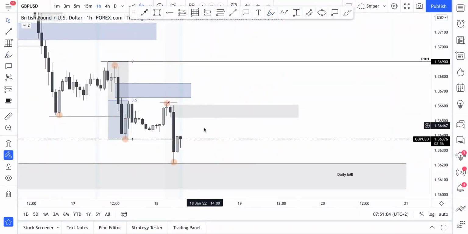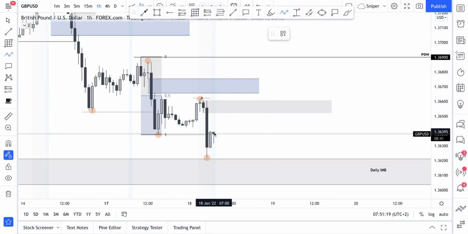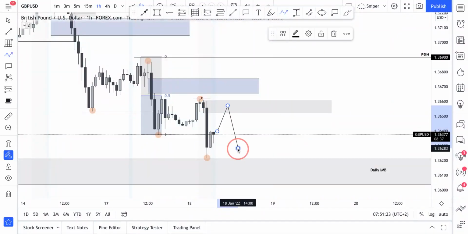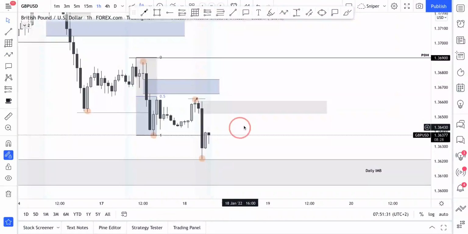From a structural point of view, if we close above this level, then the structure has potentially shifted towards the upside. So we'd want to see price move up and then potentially just wick above it, sweep these highs, tap into the imbalance, and then drop towards the downside. First scenario, just into this area and then down. Second scenario is into this area, sweeping these highs and then down. Those are the two possible situations I'm currently looking at.